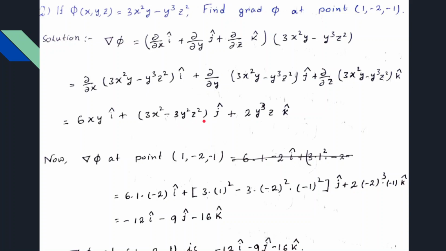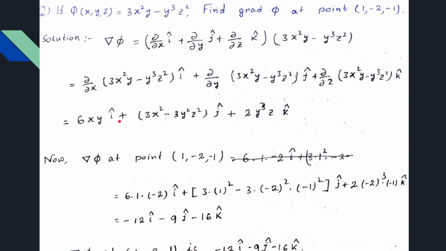For the k cap term, the first term is useless for us as we are differentiating with respect to z, so for the other term we get minus 2 y cube z, k cap.